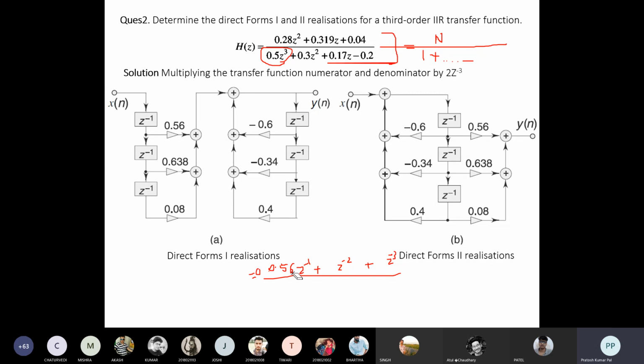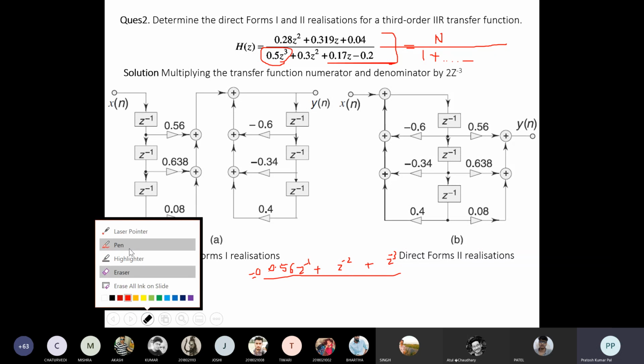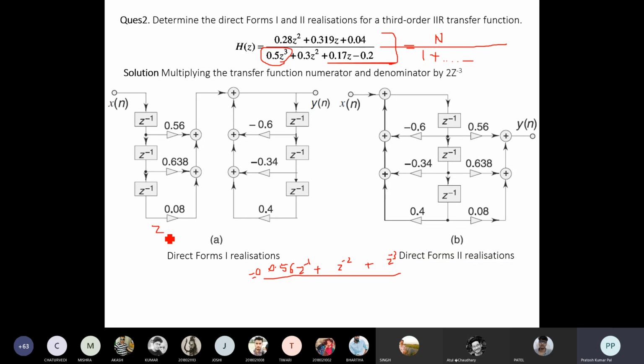Okay, and all other terms like 0.56, one delay will be there, two delays, whatever coefficients are there, that will be there. After three delays, that will be the coefficient, and they are added together to find the zeros representation. So these are the zeros representation in direct form 1. Similarly, this is the pole representation.